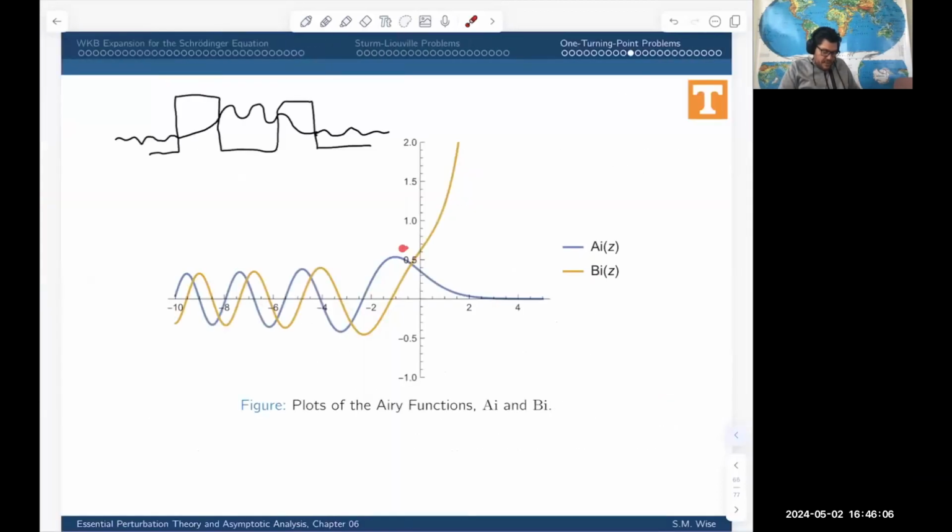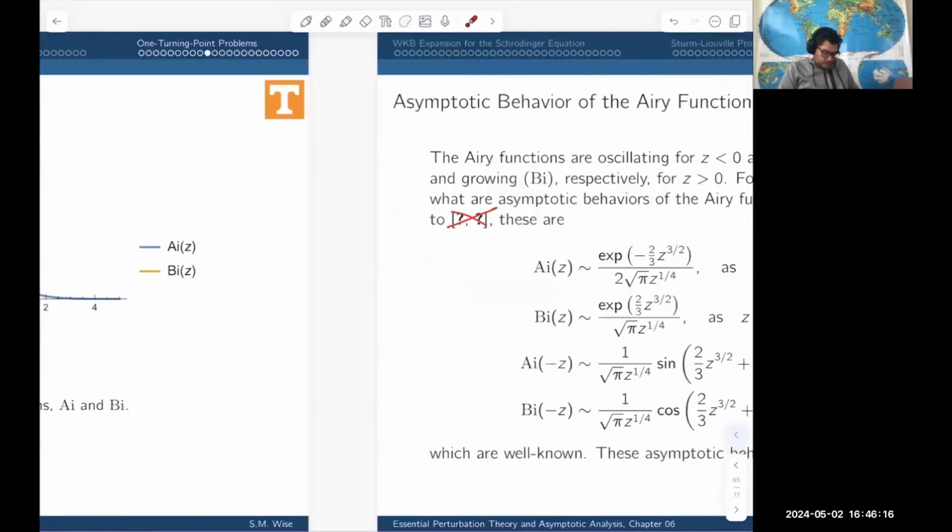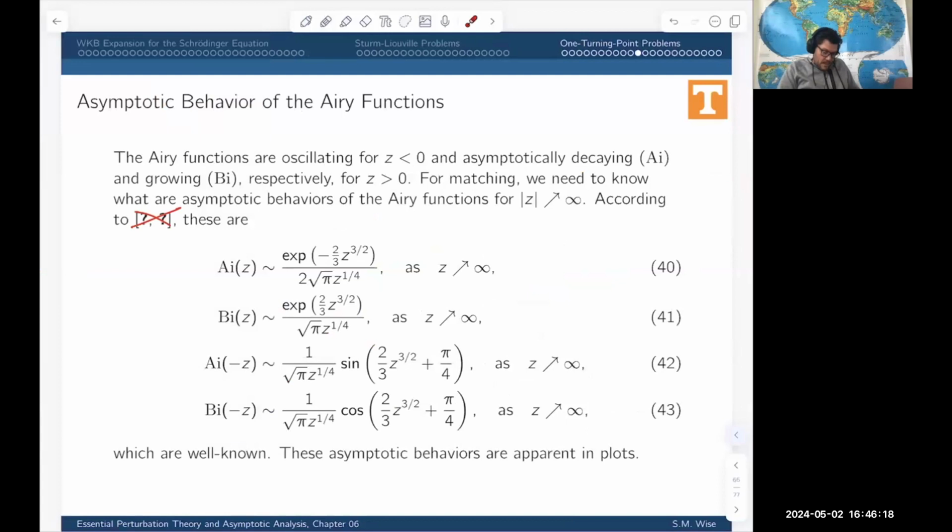So that's also seen here. These are decaying, but not too rapidly, only like z to the minus 1/4 power. Otherwise these are the asymptotic expansions. So this oscillatory behavior is pretty cool.